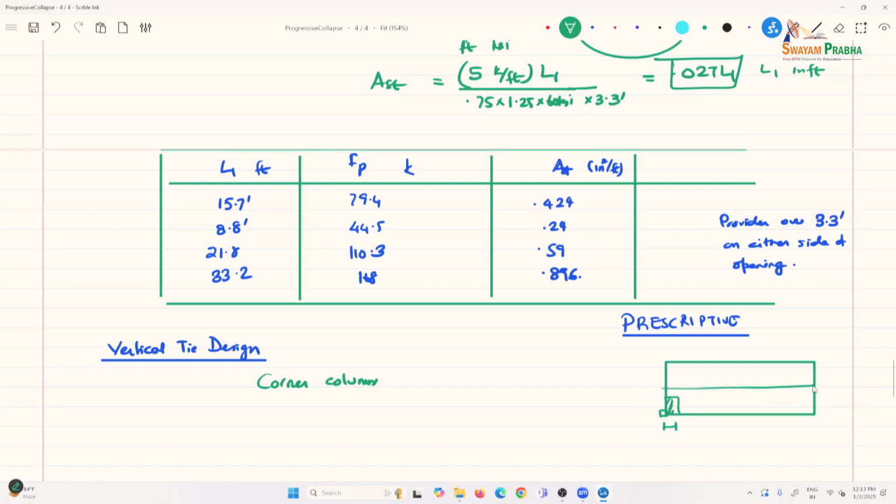So this is your breakdown, and the end columns you will have a larger tributary area. That is your interior columns. For corner columns, the tributary area is 364.2 square feet, whereas for the interior column it is 846.